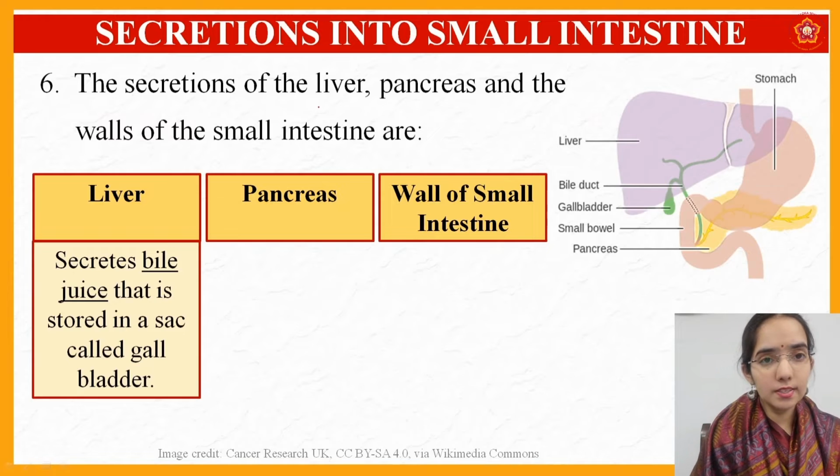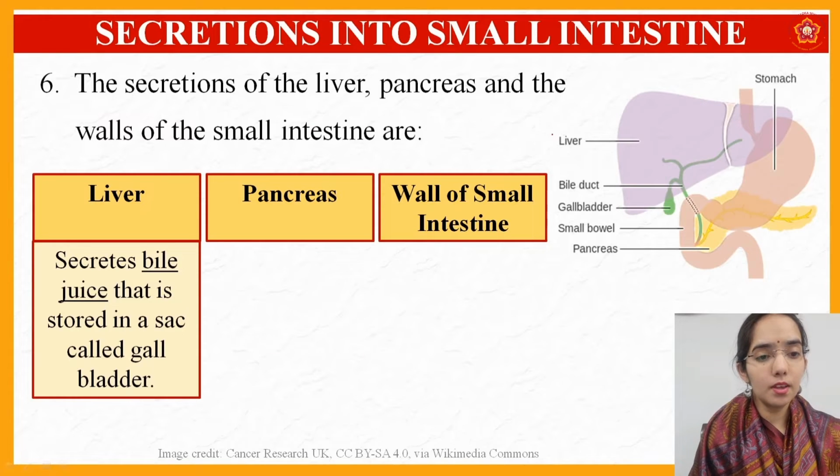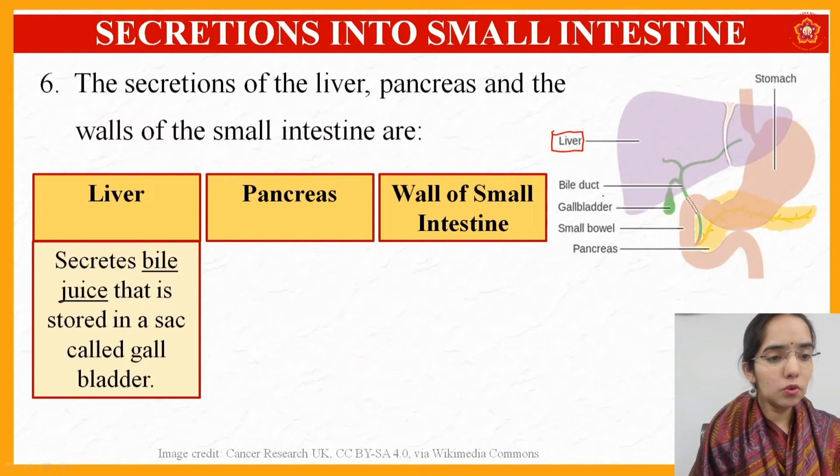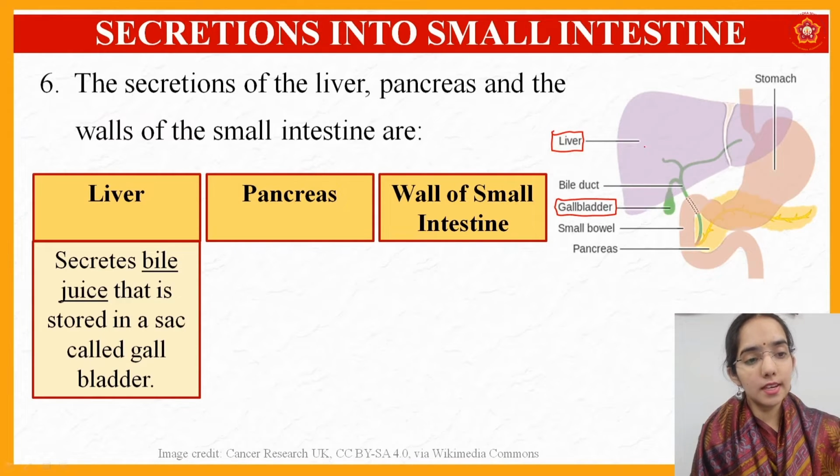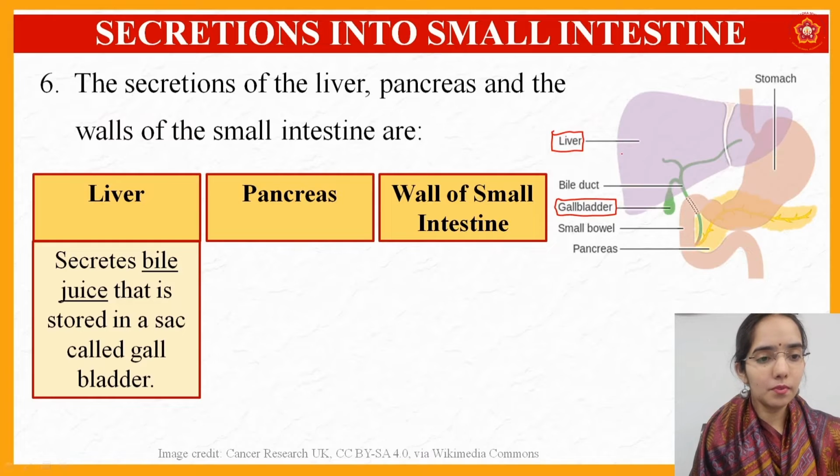So over here you can see in this diagram the liver, right? And then you can see this sac-like structure called the gallbladder. The liver will produce and secrete bile. Bile is made over here, is secreted over here, and then from here you can see this tubular structure.